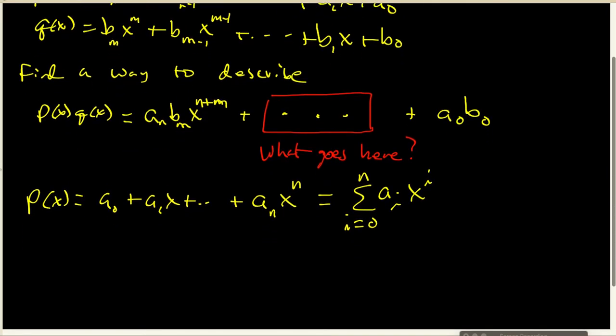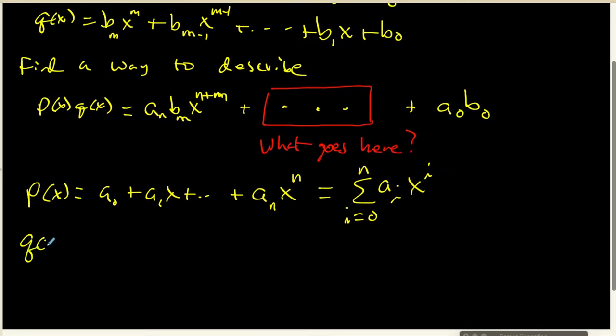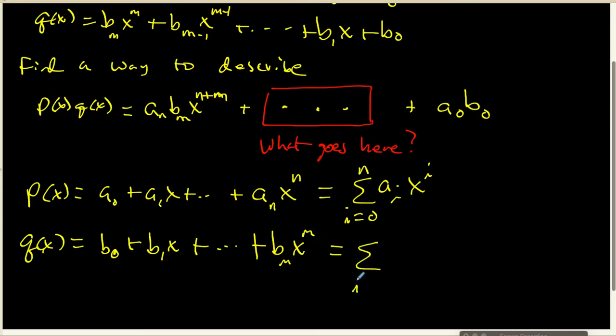And likewise, I can write q of x as b0 plus b1 times x plus all the way up to b_m times x to the m, and that in sigma notation would be the sum as i goes from 0 to m of b sub i times x to the i.